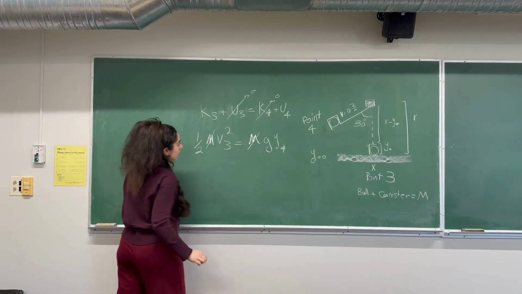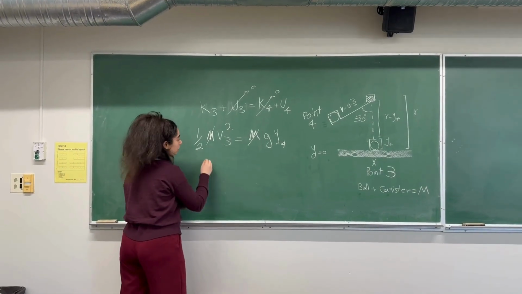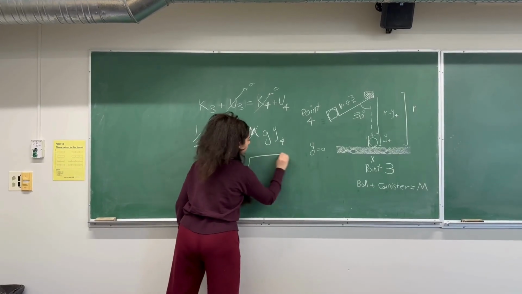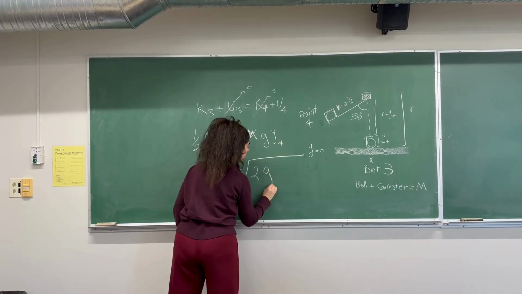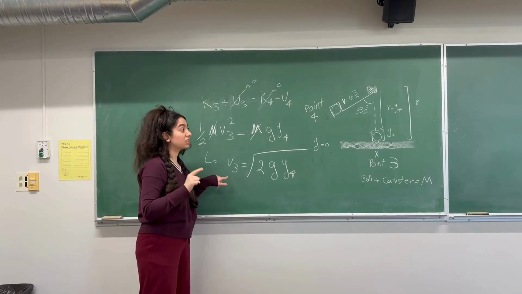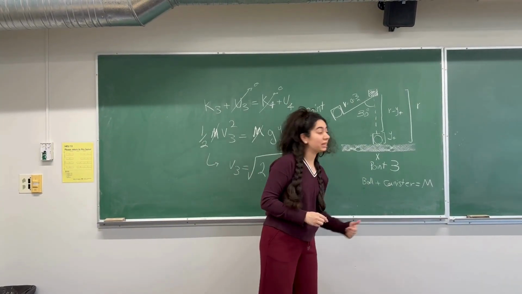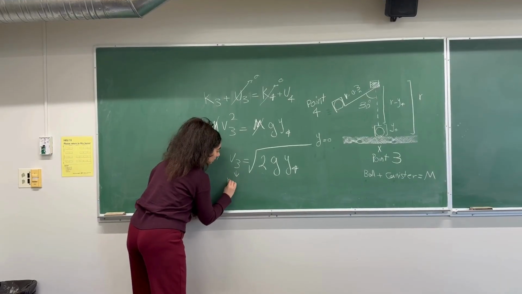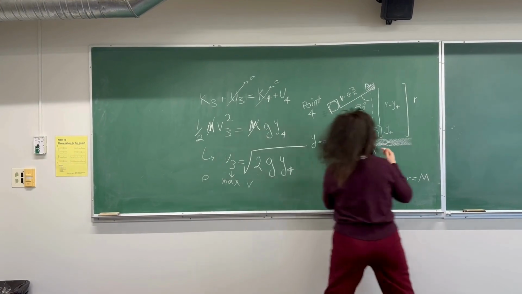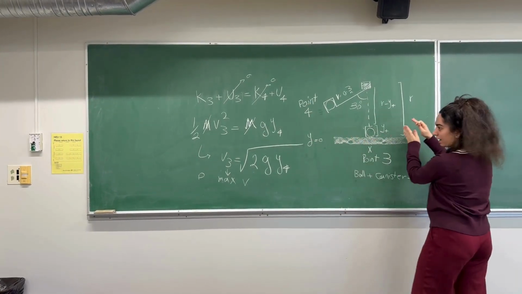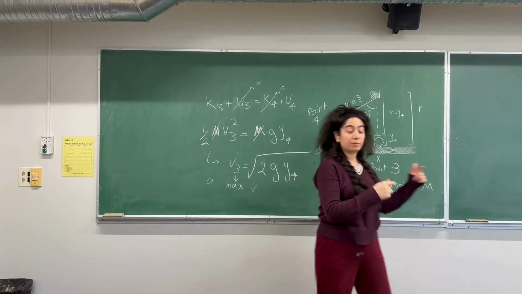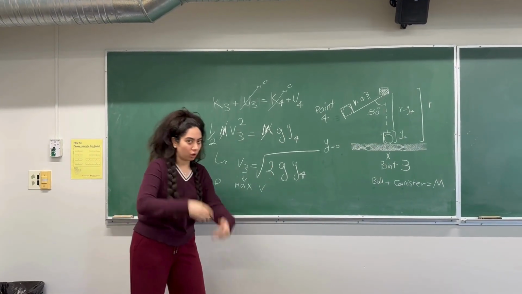We can cancel out the m's, and what we can derive from this is v3 is equal to the square root of 2 g y4. I want to mention that this v3 is different from the one we calculated before because this one is our maximum pendulum velocity. Why? Because it starts moving back and forth, and at this point it has its own maximum velocity, and it's pretty different from what we calculated before or after the collision.